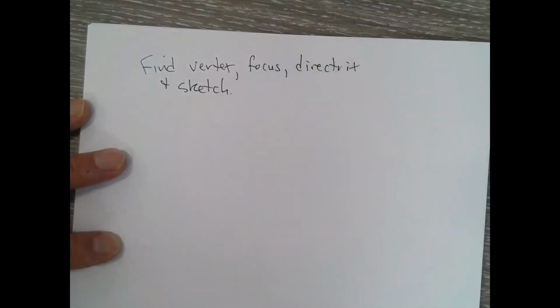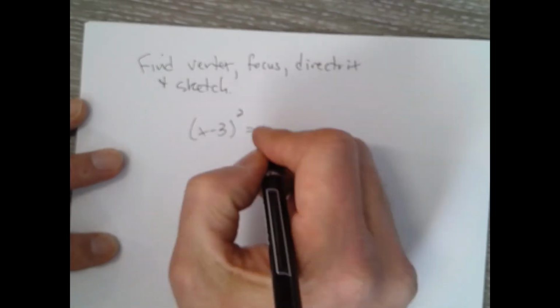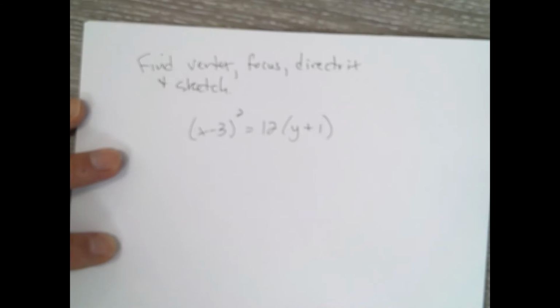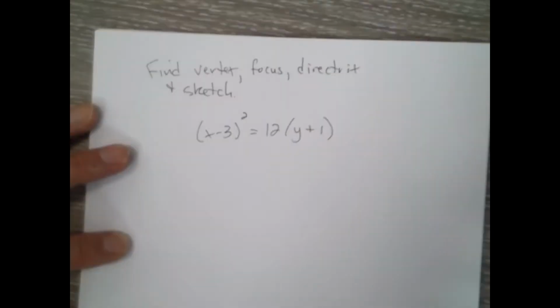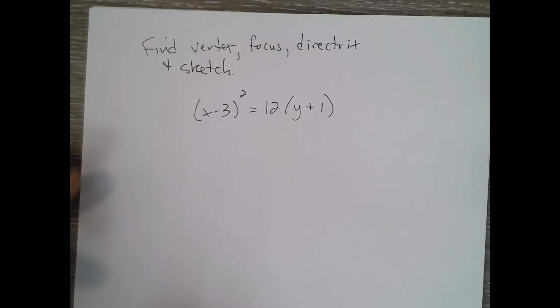Let's say I have (x minus 3) squared equals 12(y plus 1). All right, so we're given our equation. It's already in parabola form. We don't have to manipulate it algebraically at all.